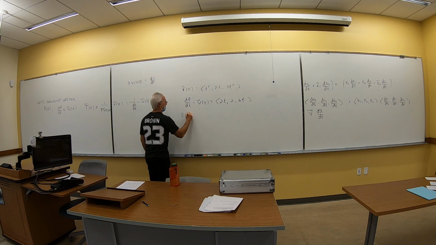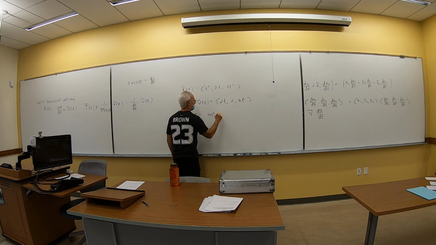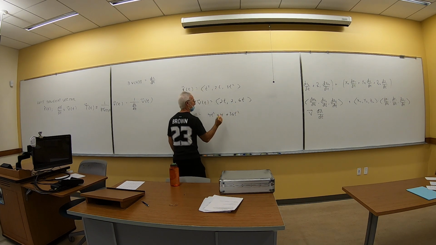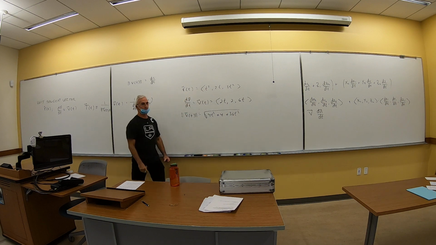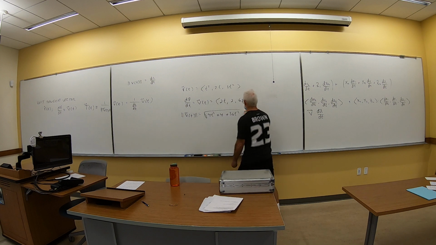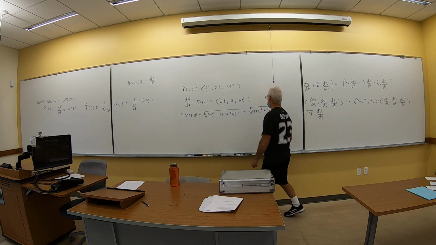What is the magnitude of v of t? Well, it'll be this squared, plus this squared, plus this squared. Let's undo the root. Okay, you with me on that? So what do I got under the root here? I've got, looks like, 40t squared plus 4.